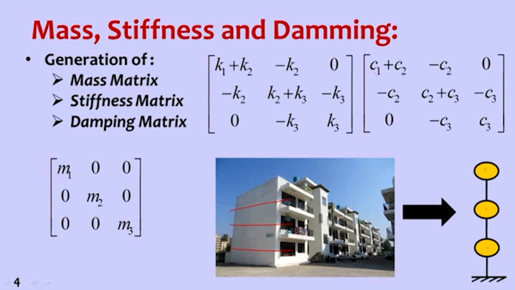And this is the damping matrix, similar to the stiffness matrix: C1 plus C2, minus C2, 0; minus C2, C2 plus C3, minus C3; and then 0, minus C3 and C3. So this is the mass matrix, stiffness matrix and damping matrix. I already discussed in the previous class that all these matrices are positive definite, and because of this the roots we get are real roots.